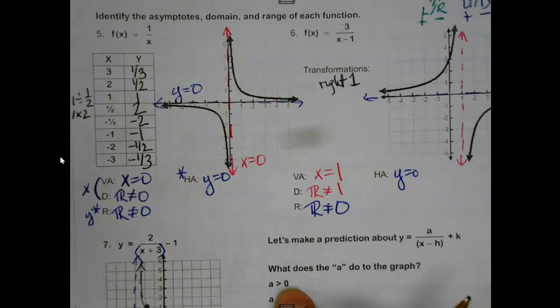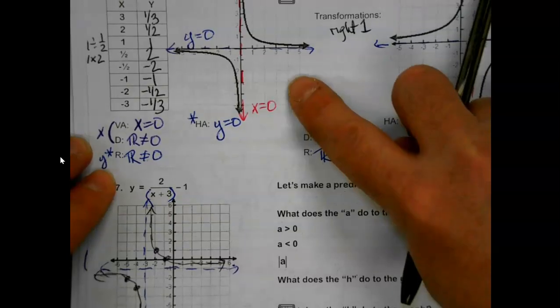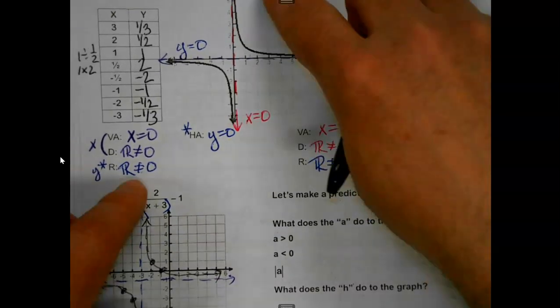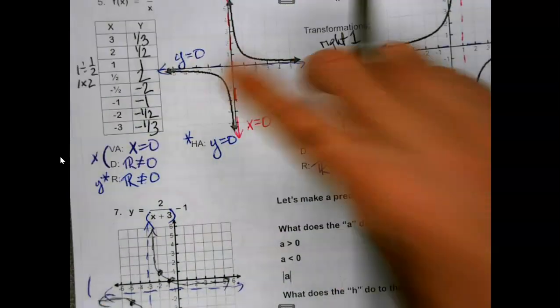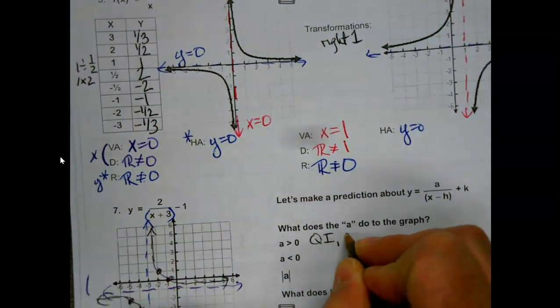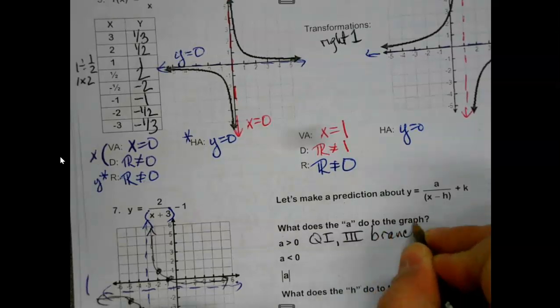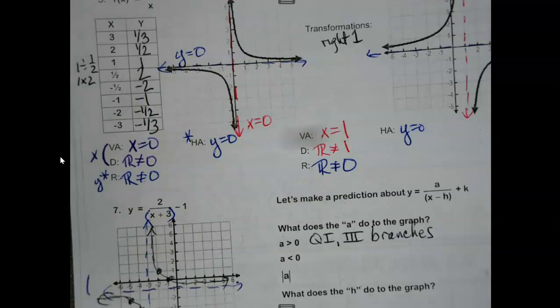Okay, when A is positive, so that's these two graphs. I notice they kind of look the same. I mean, like this and like this. What I'm going to tell you on this is, and we're going to label one of these in just a sec. These pieces of a hyperbola, I said it earlier, are called branches. You can know where your branches are going to be depending on what your A value is.